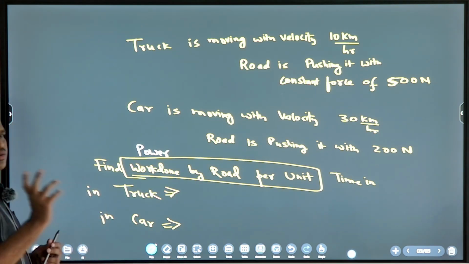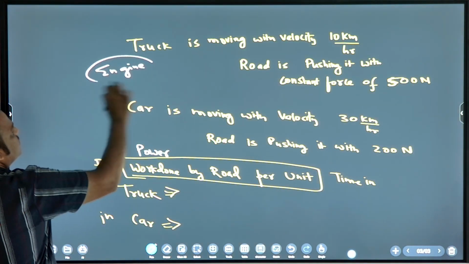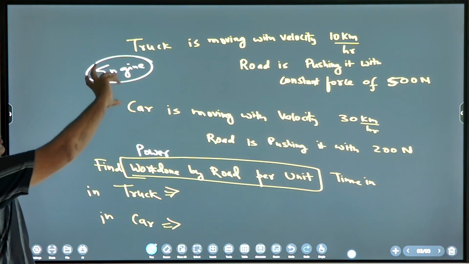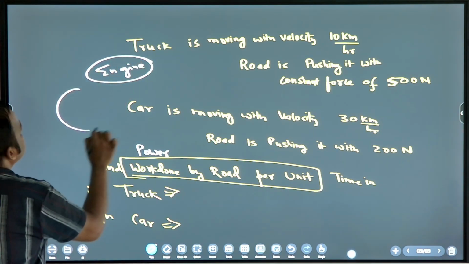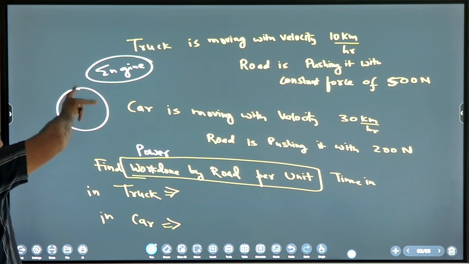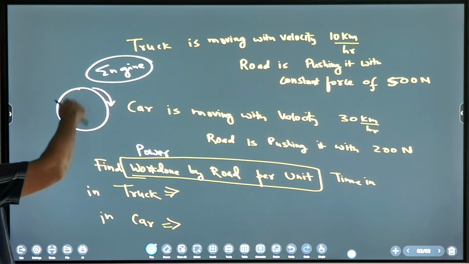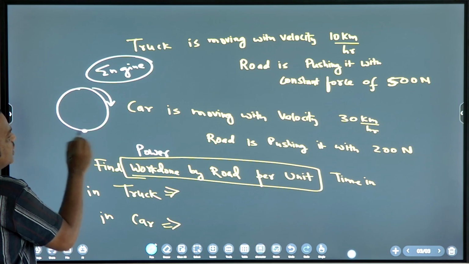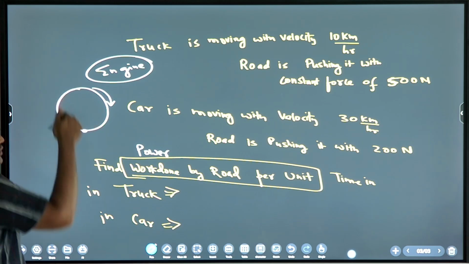So what is the role of the engine? What is the engine doing in the truck? It will rotate the tire. Suppose this is the tire, so the engine will rotate the tire clockwise. Suppose it is rotating clockwise, the lowest point is moving where?